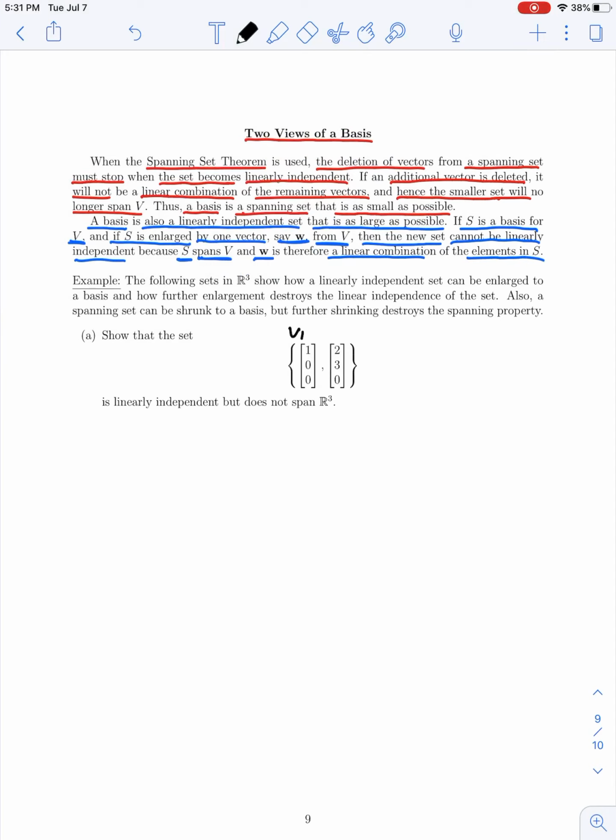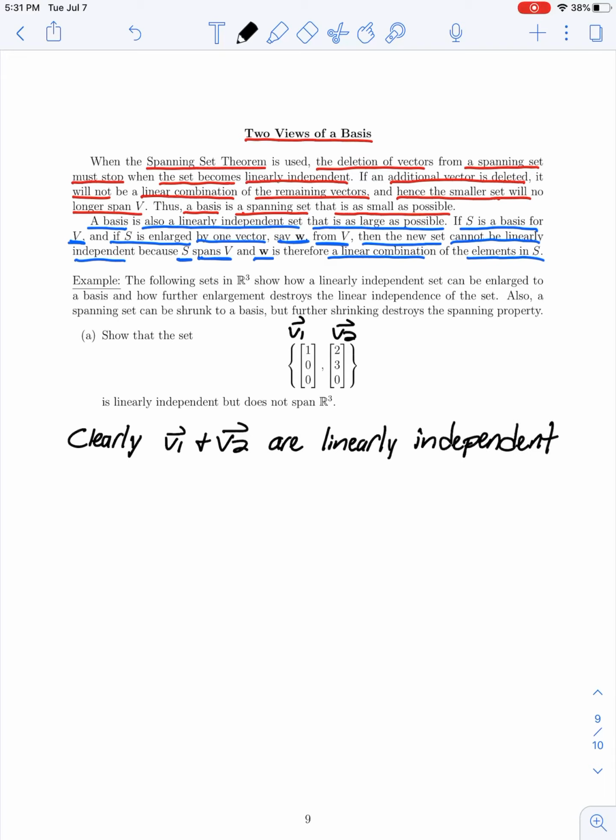So here, if we give these vectors names, let's say v1 and v2, we can say that clearly the vectors v1 and v2 are linearly independent, since they are not multiples of one another.